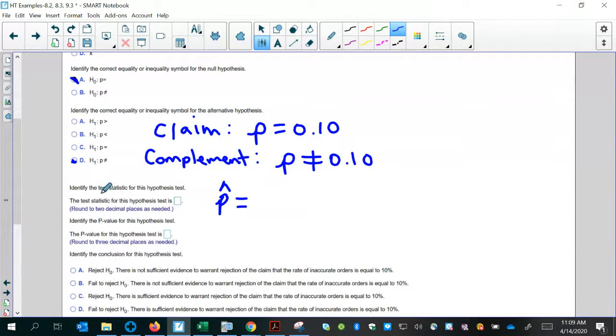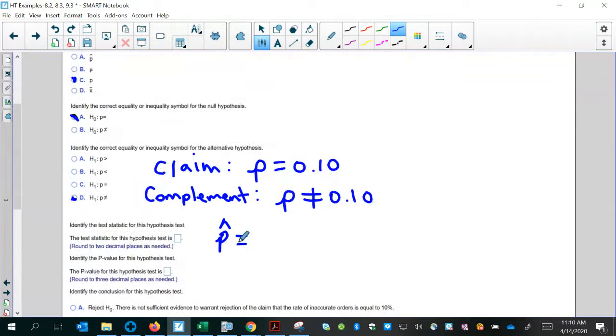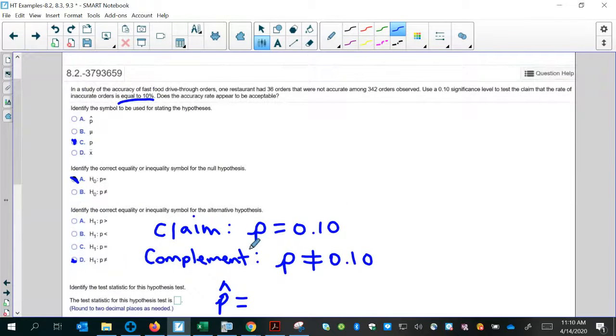And to make it into a test statistic, we will need to standardize it. So let's find the p hat first, and then we'll standardize it into a z-score. So back in the problem, the sample information given was 36 orders out of 342. So this is our x and this is our n.